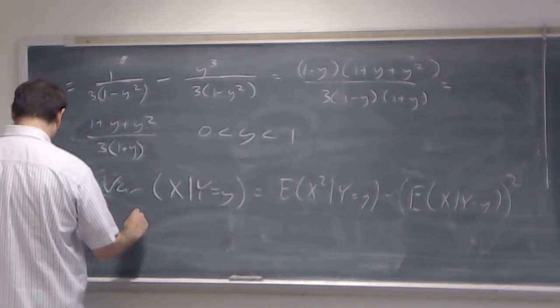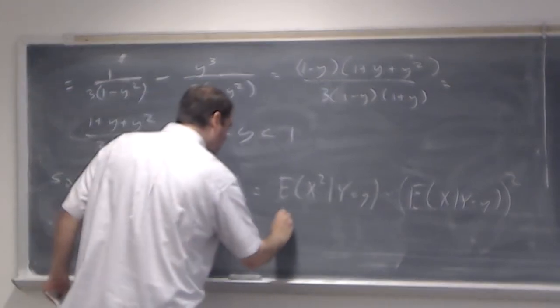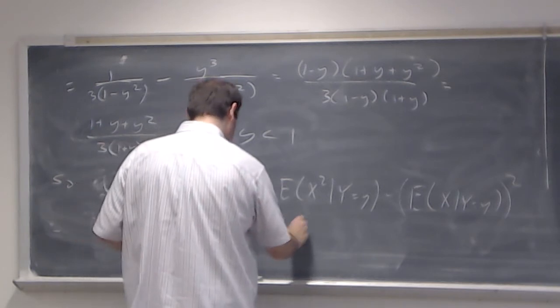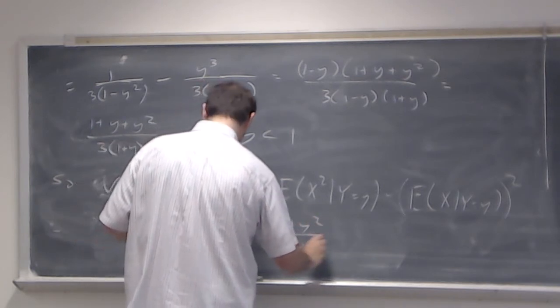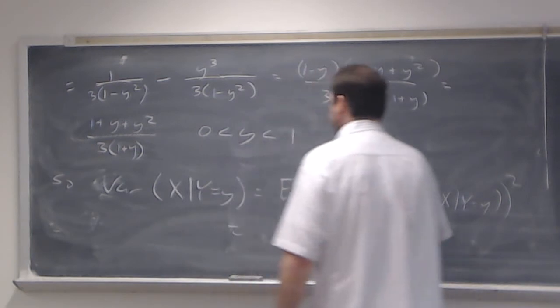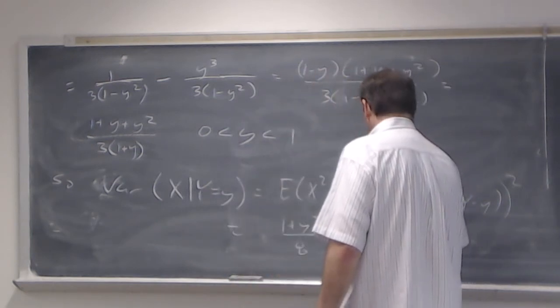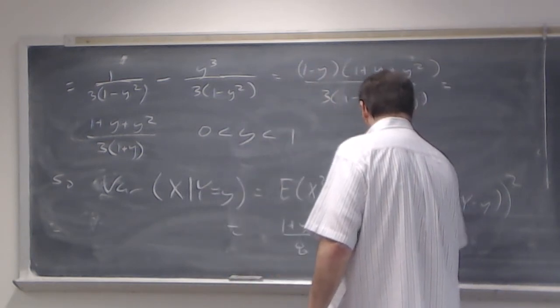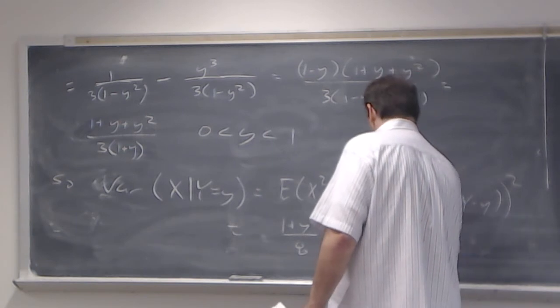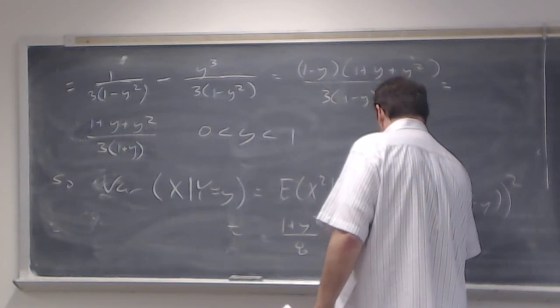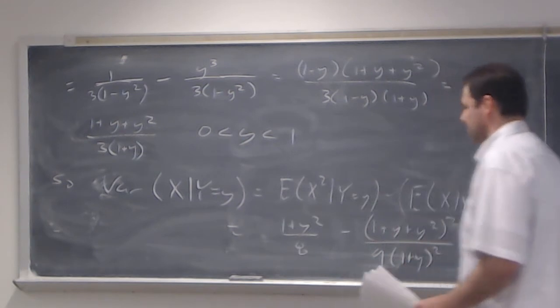For each one of these parts, we found it to be 1 plus y squared over 8 minus 1 plus y squared, quantity squared, over 9 times 1 plus y quantity squared. And that's as far as I'll simplify it.